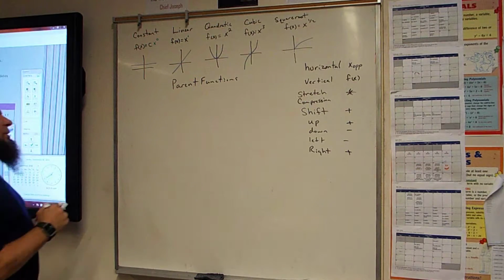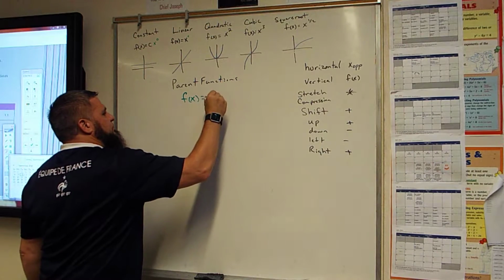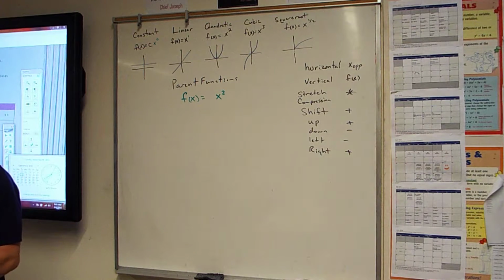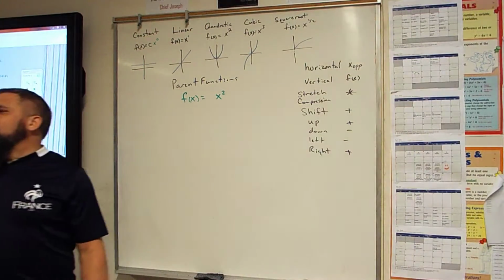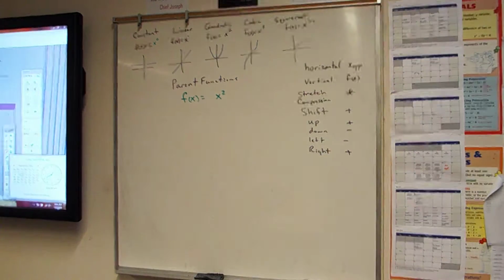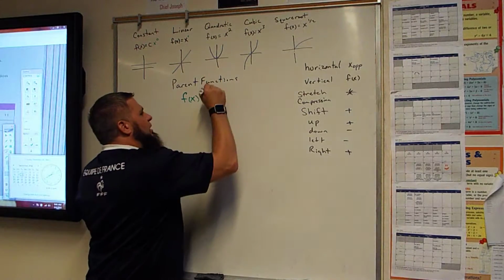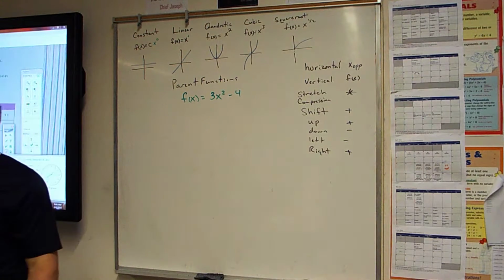We're going to start with f of x is equal to x squared. Or let's even have more fun with it. I said the hardest thing we'd ever do, right? The hardest thing you could ever do. If you can do this, you can do anything. So 3x minus 4. Okay?